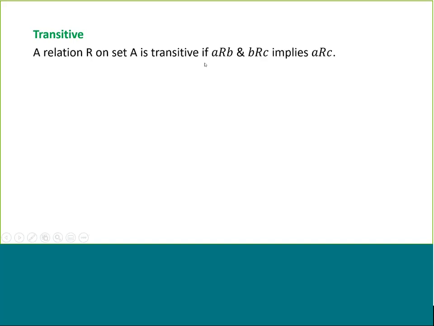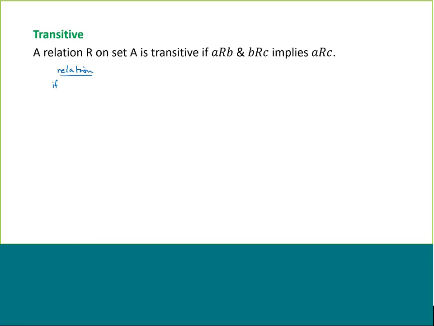Now, here's the criteria for transitivity. If A is related to B, and you also have that B is related to C, then automatically you better have that A is related to C. Now let's see what that actually means in terms of the relation, our ordered pairs.